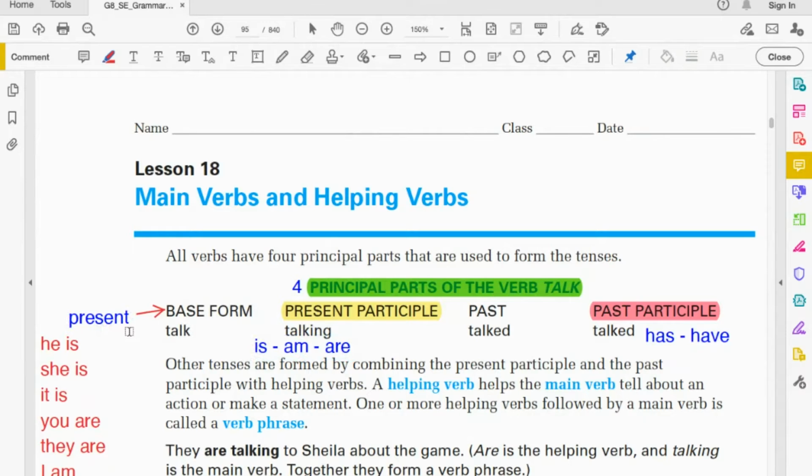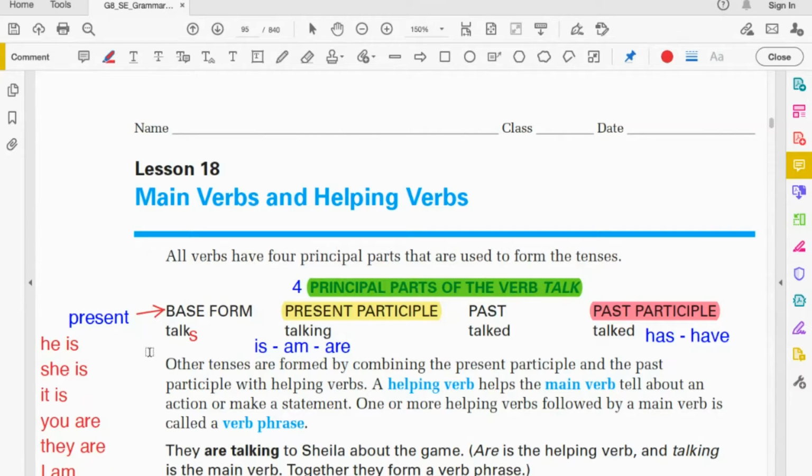In review, the base form is simply the present tense form of the verb. You remember from our lesson the other day that my base form could be talk or it could be talks. And what does that depend upon? The subject. Its number. Is it singular or plural? They talk.